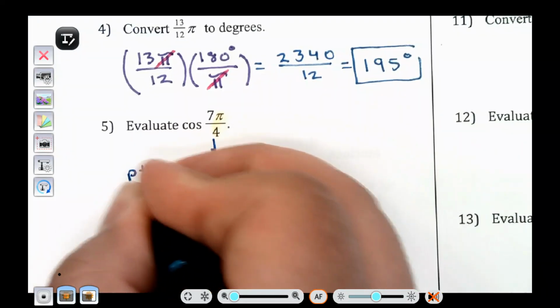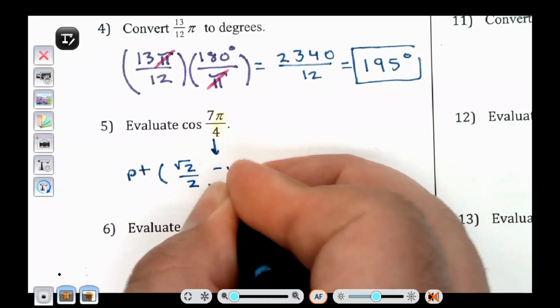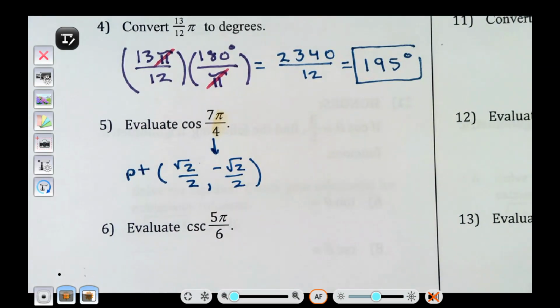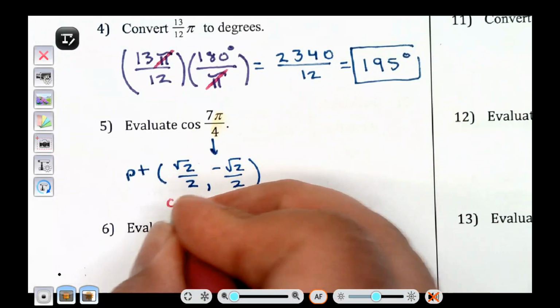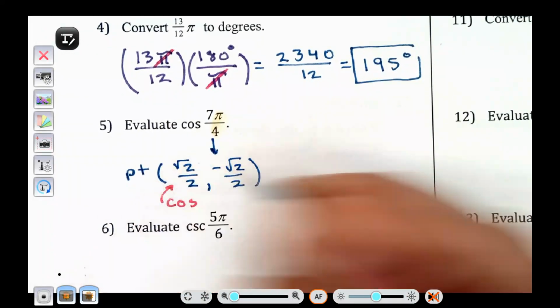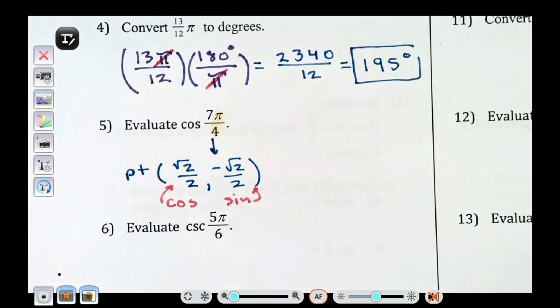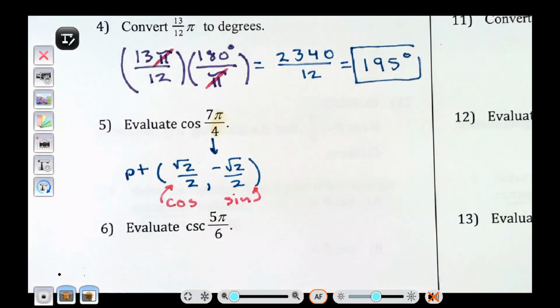Now, one of the reasons we're using this for our test, yes, you'll be able to use a word wall. According to our word wall, this is the answer for cosine instantly. This is the answer for sine, once again, instantly.